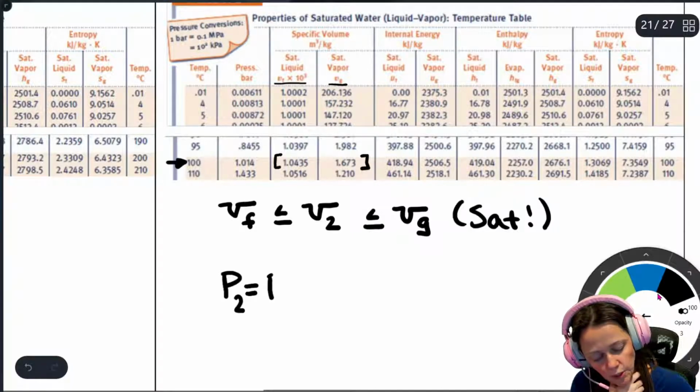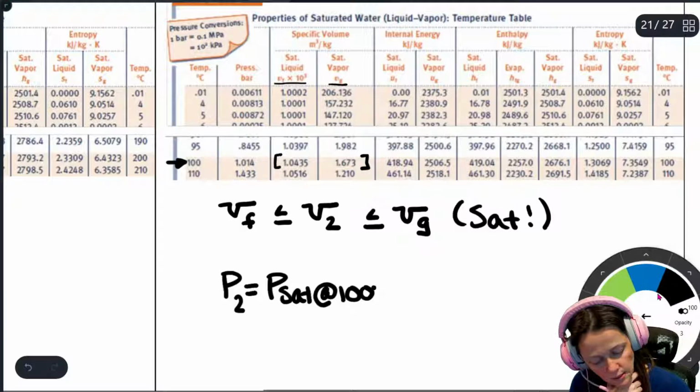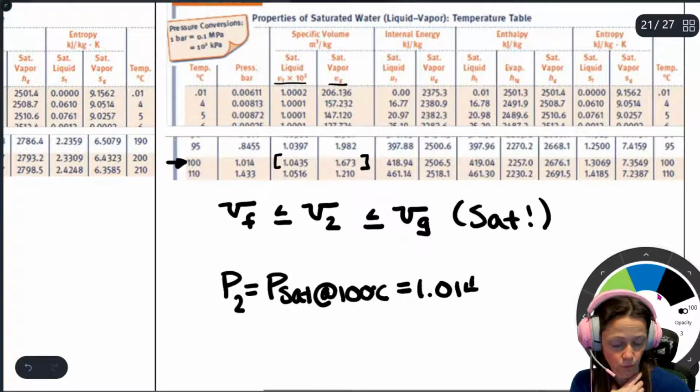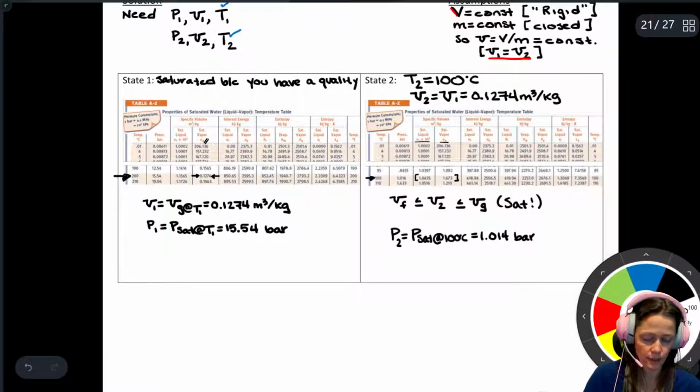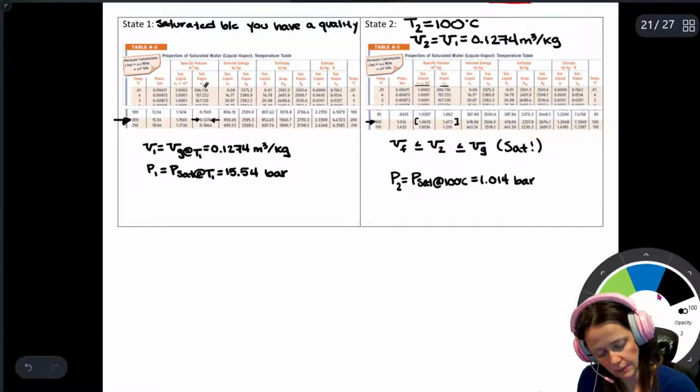Our P2 is our PSAT at 100 degrees Celsius, which is 1.014. Okay, so now we're ready to put things on our TV and our PV diagram.